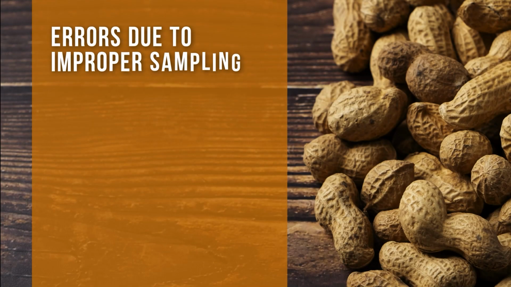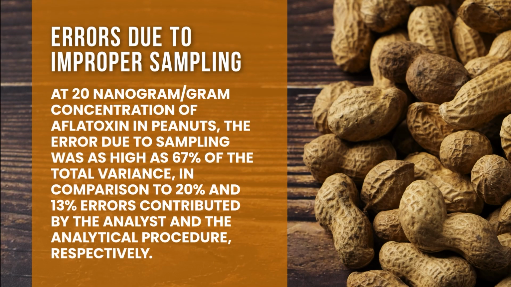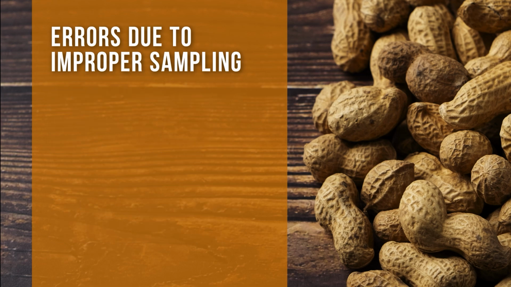Now let us take an example of a study carried out for analysis of aflatoxin in groundnuts, peanuts. The level at which the analysis was done was 20 nanograms per gram, and it was found that 60% of the total variance error was due to sampling, and due to the analysis and the person doing the analysis, only 20% and 13% error.